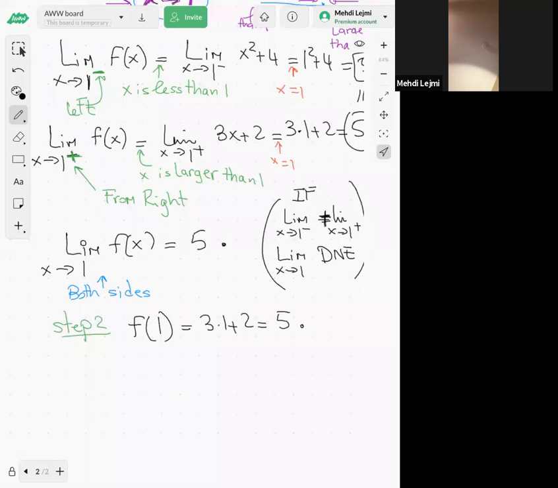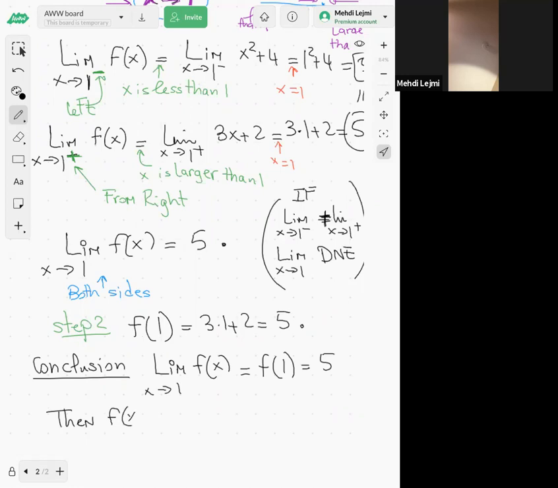So conclusion now, guys, you compare the limit of f of x, x going to a, to f of a, and they are equal in this case, right? So here we are saying that the limit of f of x, x going to 1, is equal to f of 1. So both are equal to 5, right? So then f of x is continuous. That's the definition of continuity, right? So then f of x is continuous at x equals 1.